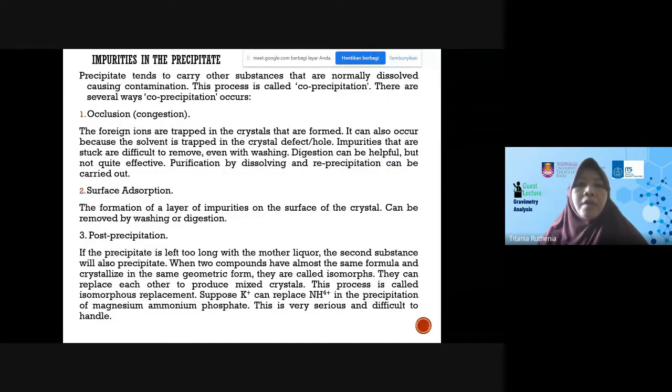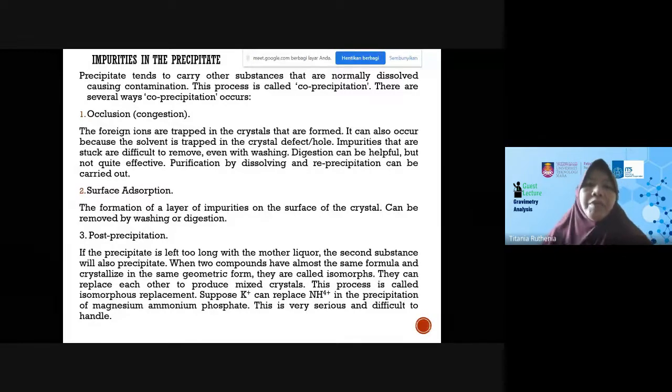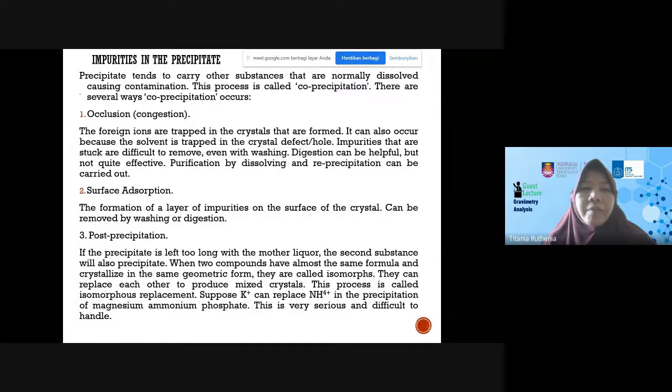So these are the impurities in the precipitate. Precipitate tends to carry other substances that are normally dissolved, causing contamination. This process is called co-precipitation. So when the materials precipitate, sometimes it also carries other substances in the solution that should be dissolved.